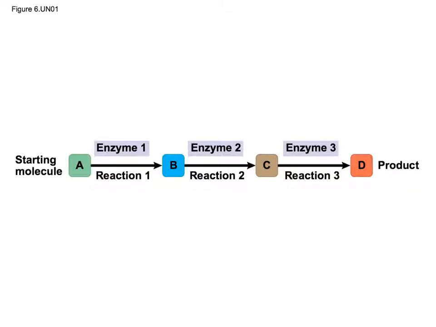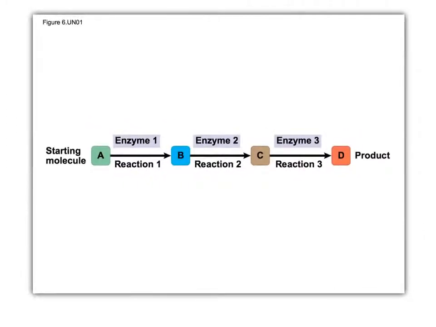Here's your overall example of your starting molecule, enzyme 1, enzyme 2, enzyme 3, eventually going from starting molecule A to product D. But there are stepwise products in between them. Okay? Questions on a metabolic pathway? Right, go from starting material to ultimate product.